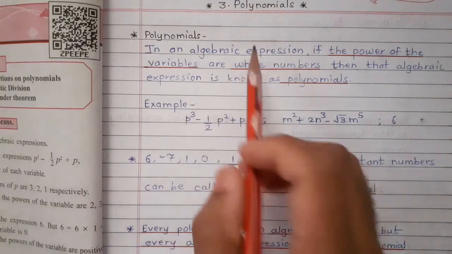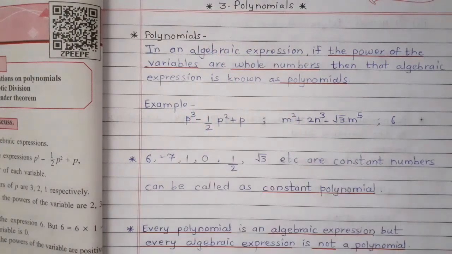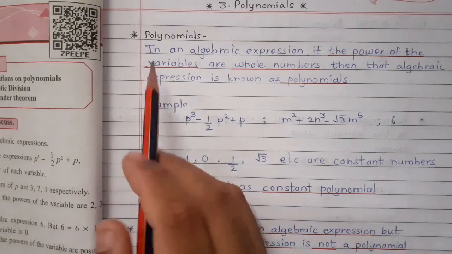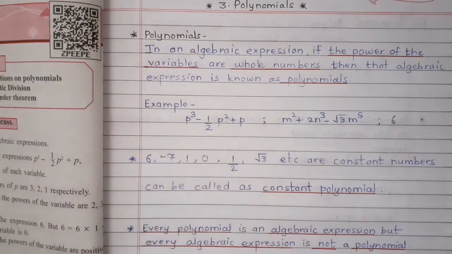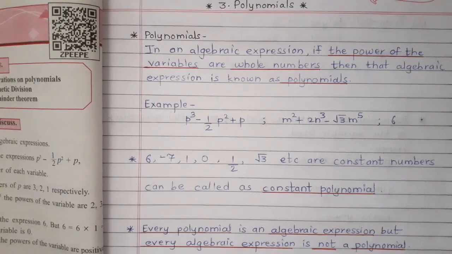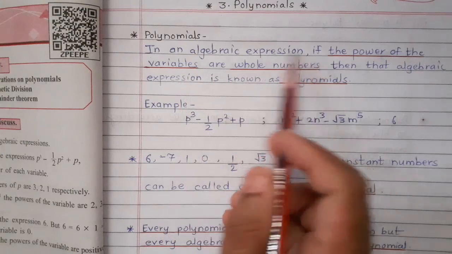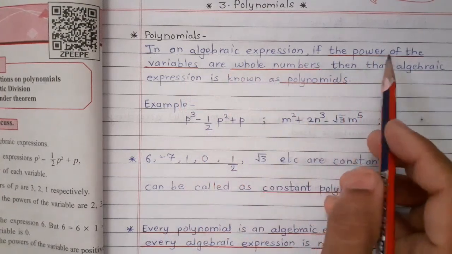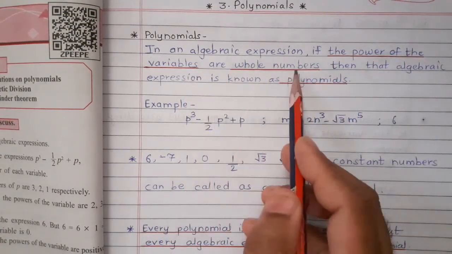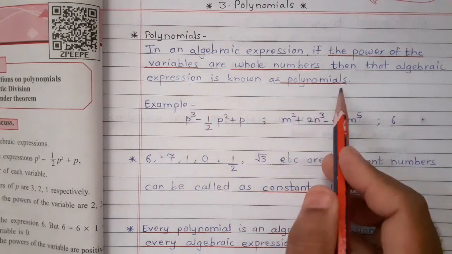We started with chapter number 3, polynomials, and also saw what polynomials are. In an algebraic expression, if the powers of the variables are whole numbers, then that algebraic expression is known as a polynomial.